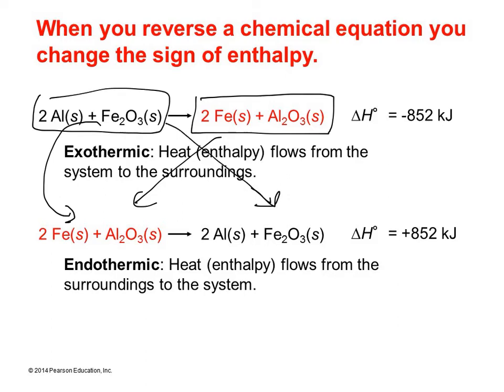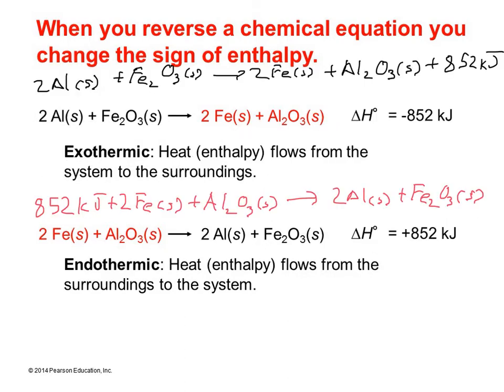If I reverse the chemical equation, then I change the sign of my change in enthalpy. And this really makes sense, right? If it's an exothermic reaction going forward, it makes sense that it would be an endothermic reaction flowing backwards.